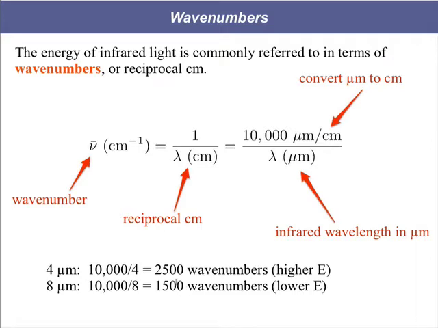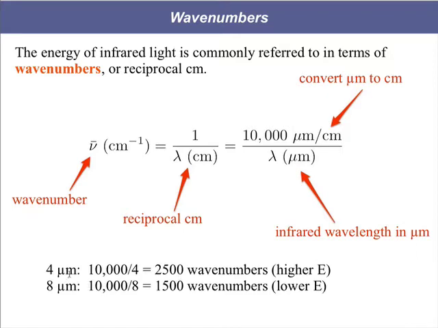Also, remember that wavelength and energy are inversely related. A small wavelength corresponds to a big energy and vice versa. So by taking the reciprocal of the wavelength, it now means that a wave number is proportional to the energy of the vibration. A higher energy will correspond to a larger wave number.